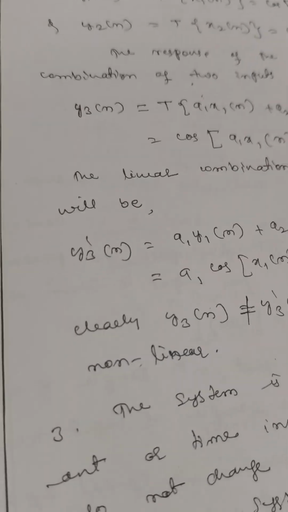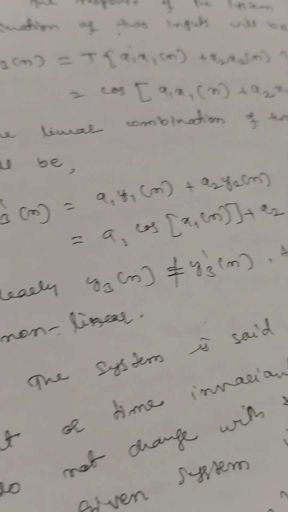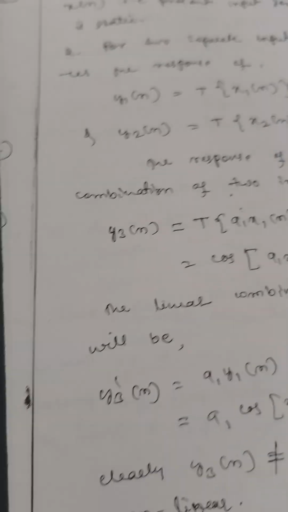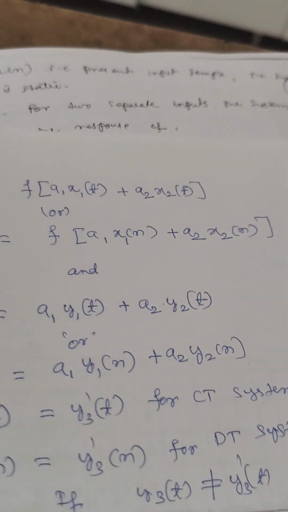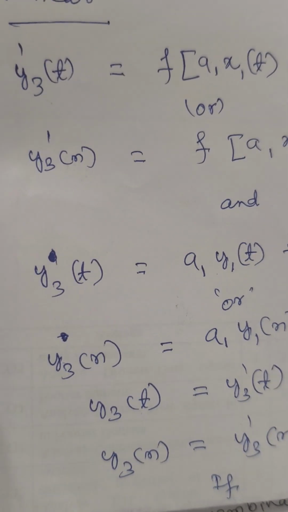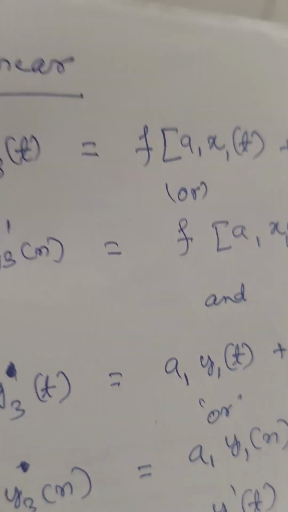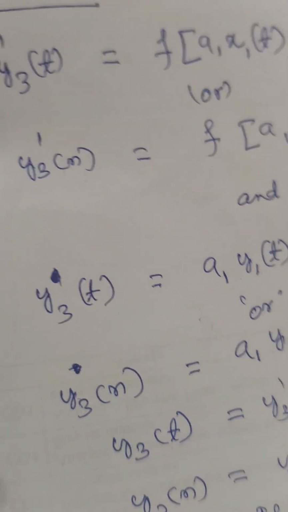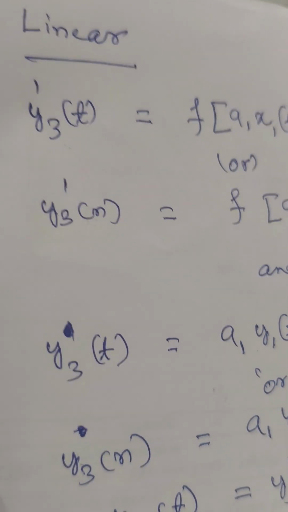Now we'll find out what y3 dash of n is. To avoid confusion, I have written separately how we can find this. While discussing the properties of linear systems, we learned how to find out whether a system is linear or non-linear.